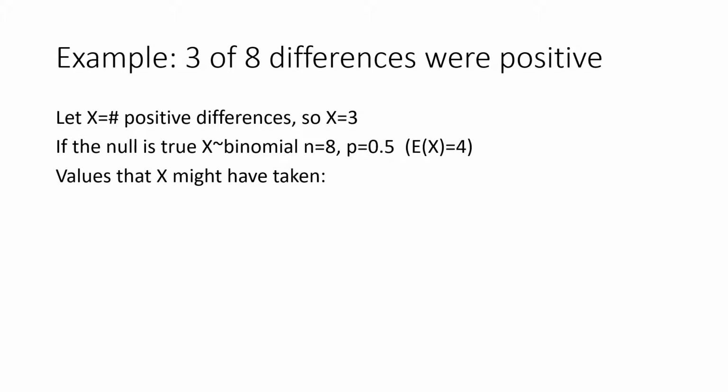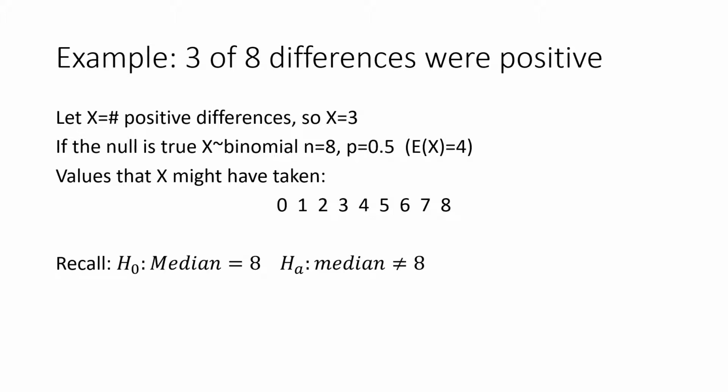And when I think about the values that x could have taken, I could have had anywhere from 0 positive differences up to 8 positive differences. I was expecting 4 based on my null hypothesis.